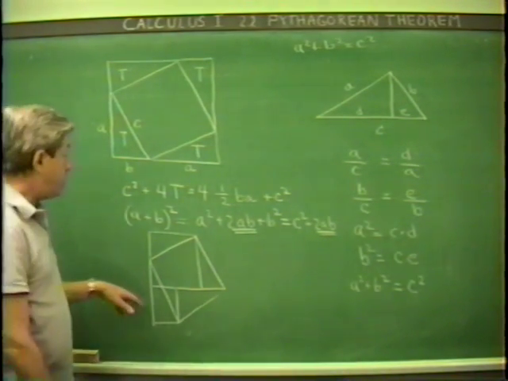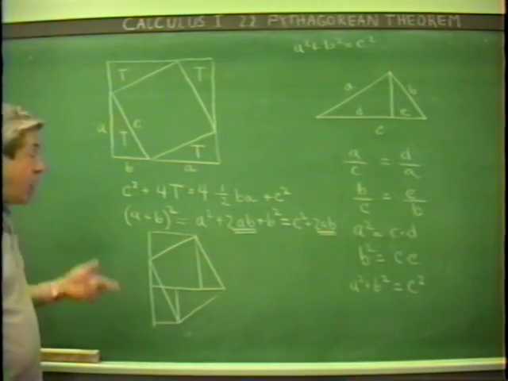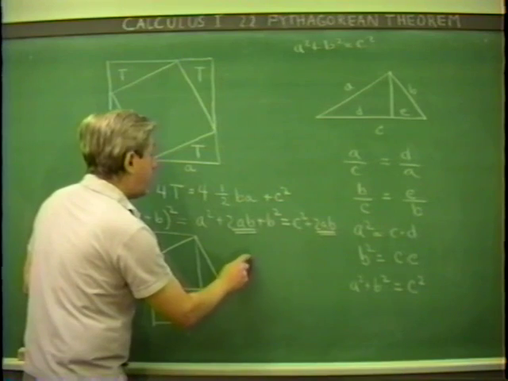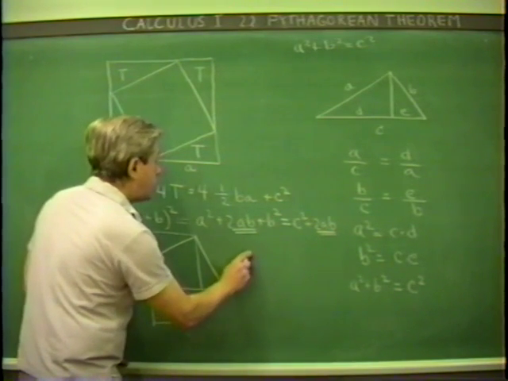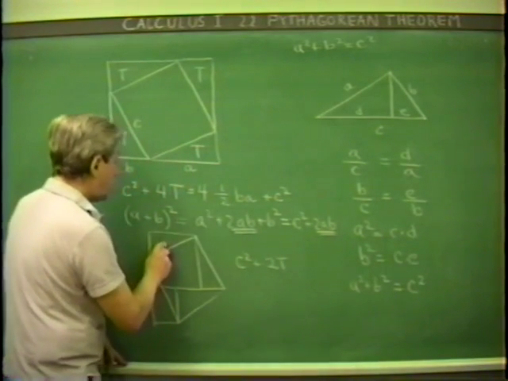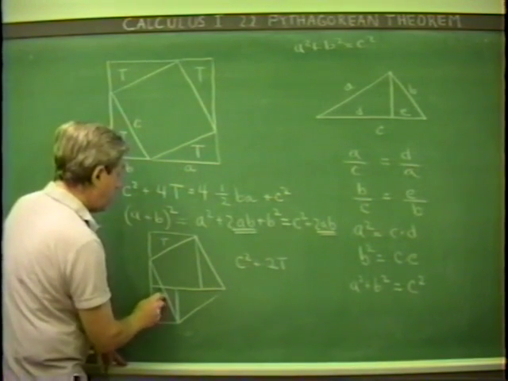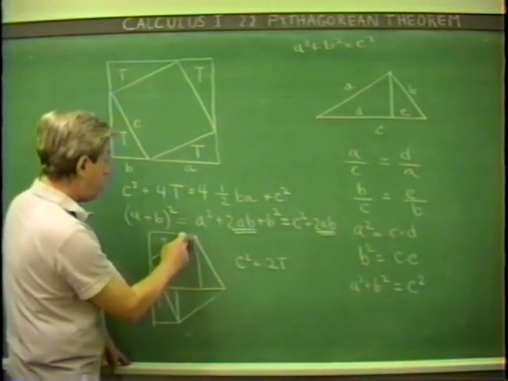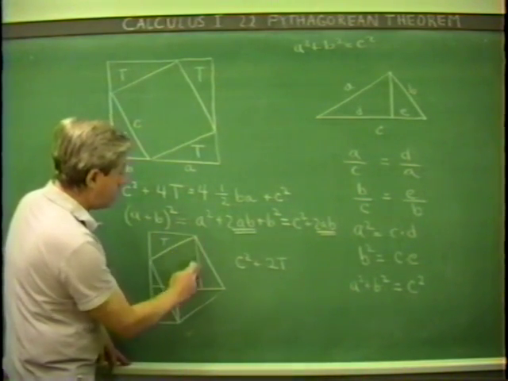Then the resulting area of this rather bizarre shaped figure is the area of the square on the hypotenuse plus 2 triangles. This triangle here and this triangle here. But it's clearly also equal to the area of the square of a side.